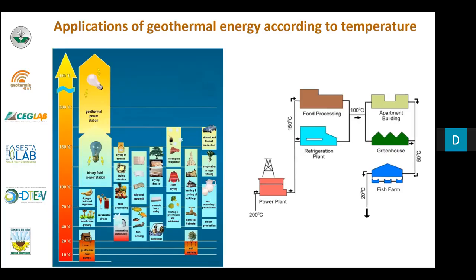For example, in a district heating, to deliver the heat to houses, in a city, in a town, or it can be used for productive processes, for example, in greenhouses or in other applications. And then the geothermal fluids can be reinjected in the subsoil, in the underground.